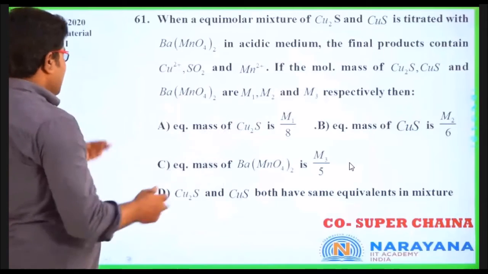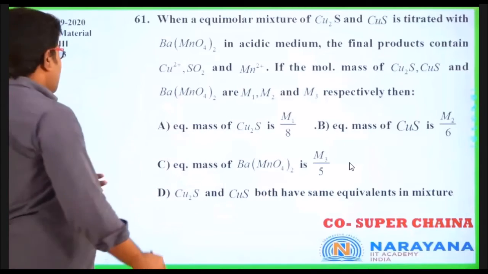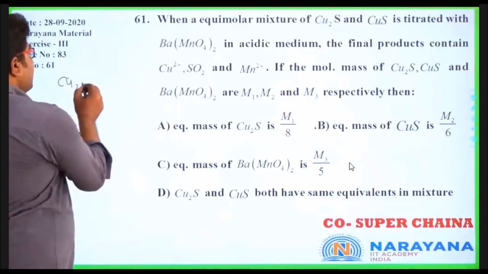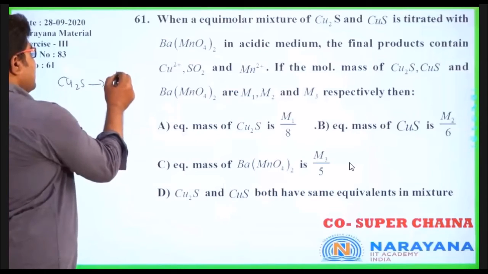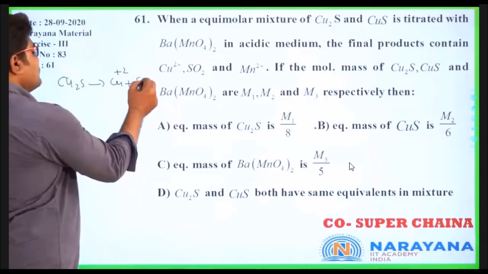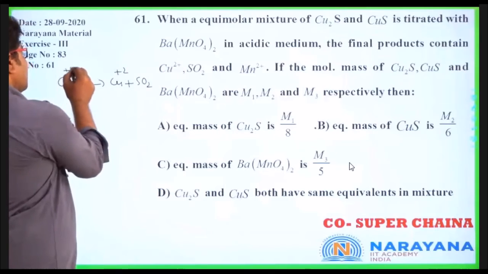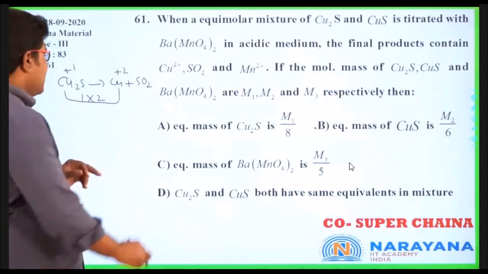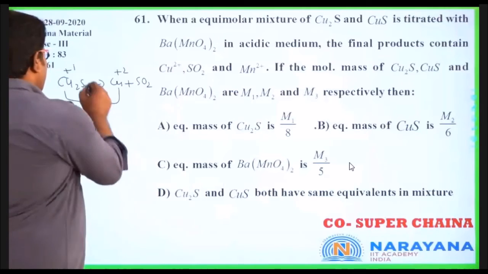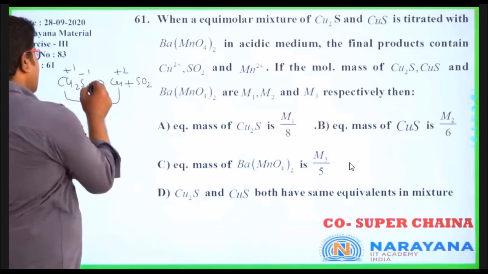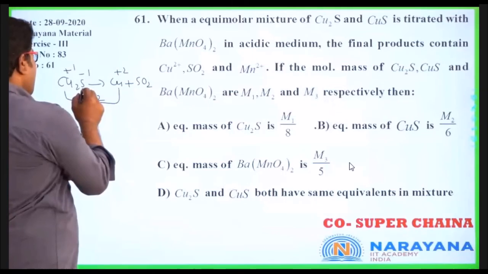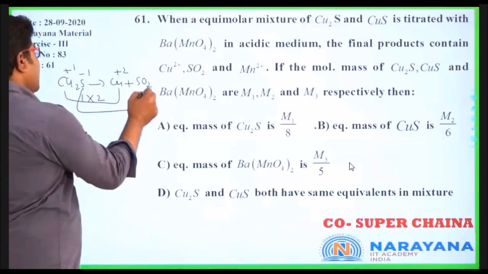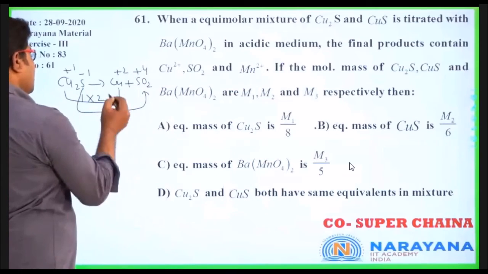In the previous case also we studied that Cu2S can be converted to Cu 2 plus and SO2. Here the change in oxidation number with respect to copper is 1. We have 2 copper atoms in Cu2S, so the total change is 2, and S is having -1 here and here plus 4, so the total change is 5.